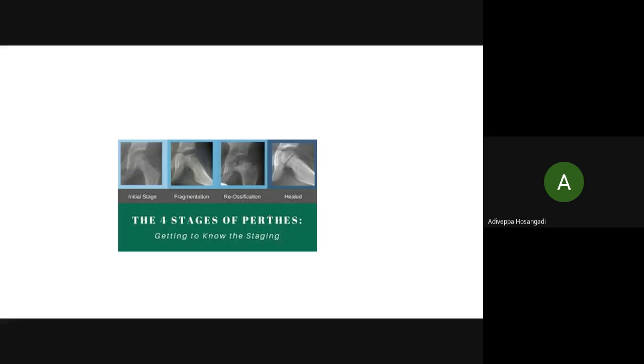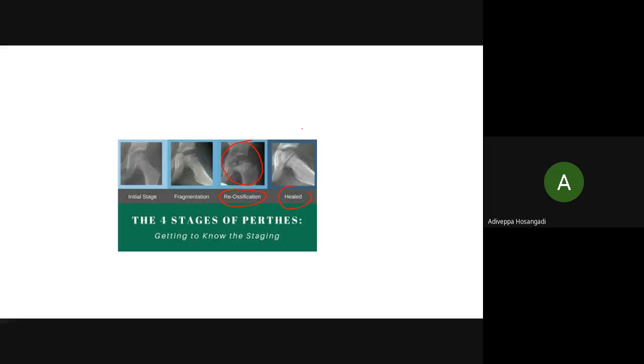So what are the classification or the stages? Look at the pictures very carefully. Look at this, normal epiphysis. It has collapsed because of the avascular necrosis. Then here it is forming slowly. That is reossification. Finally it has healed.